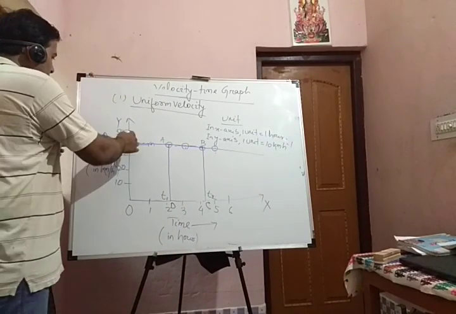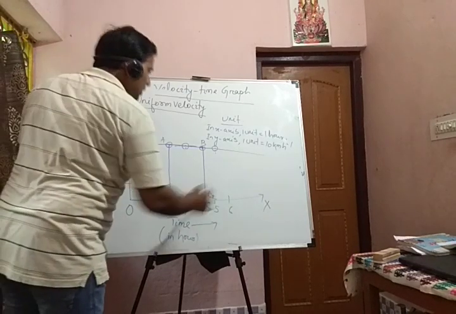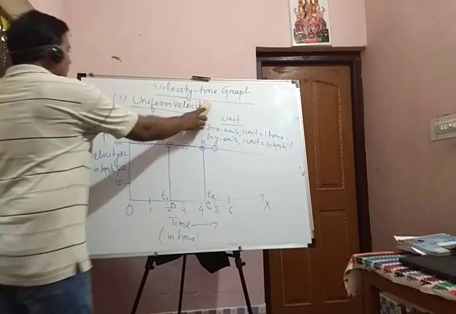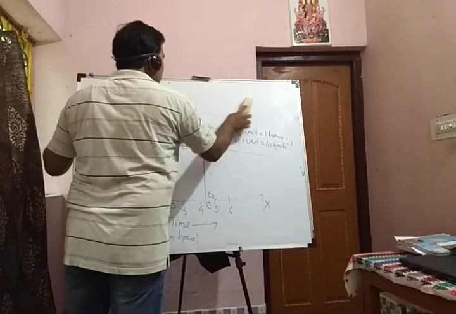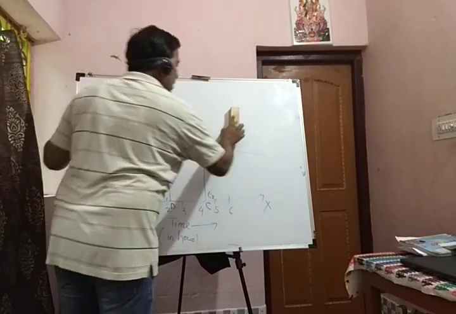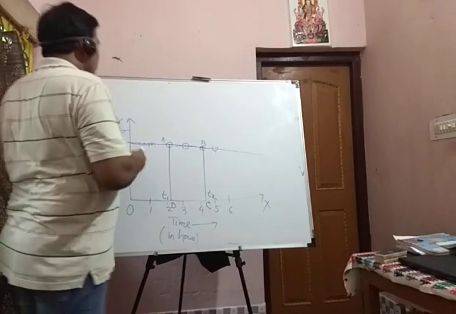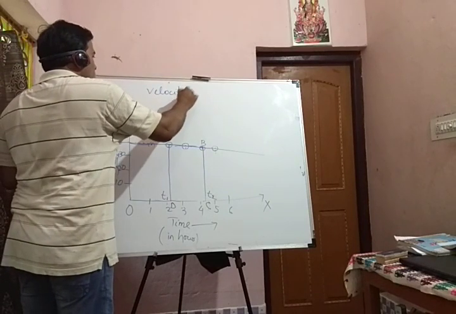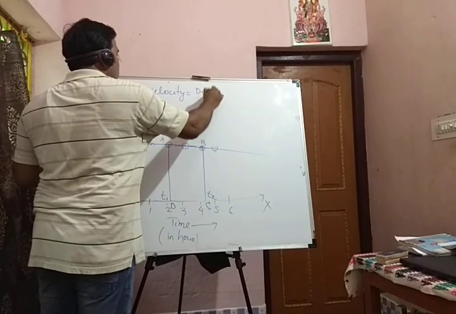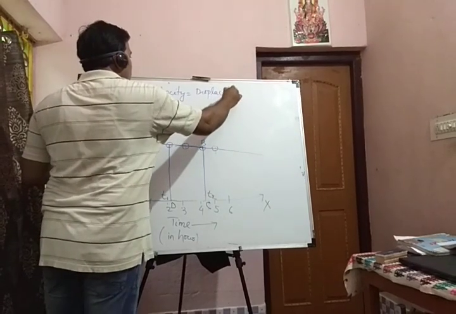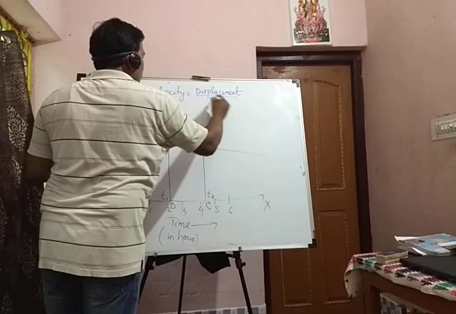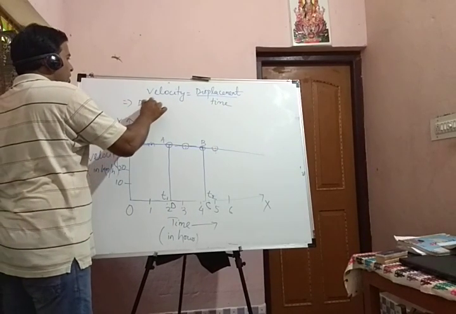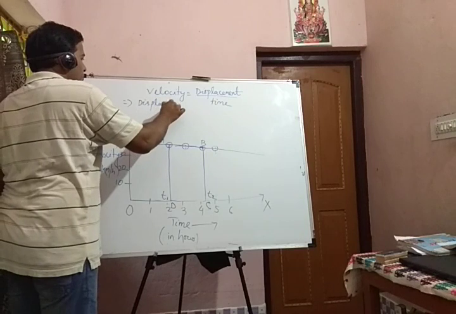Okay, in the y-axis, this is the velocity. In the x-axis, this is the time. And already we know the relationship between velocity and time. Velocity is equal to displacement by time. So we can write displacement is equal to velocity into time.